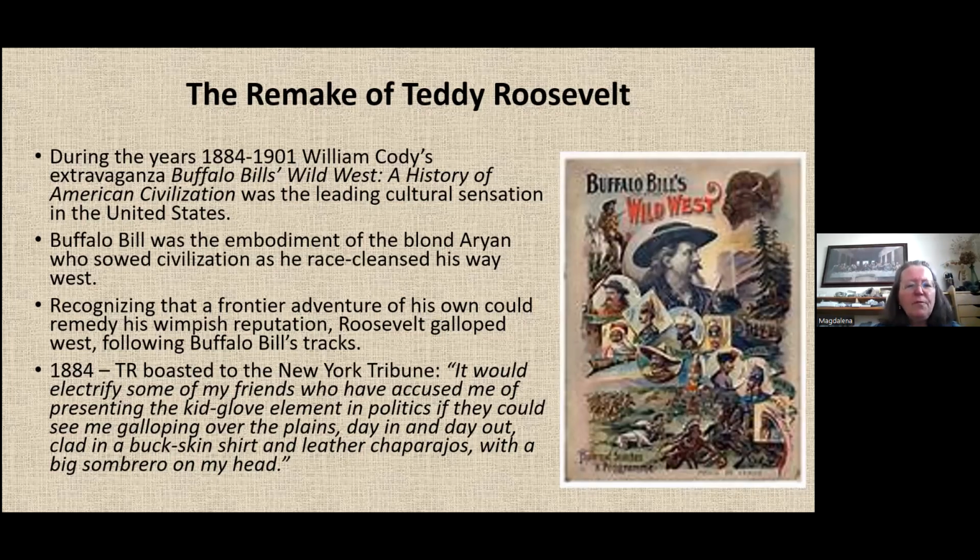In 1884, Teddy Roosevelt boasted to the New York Tribune, "It would electrify some of my friends who have accused me of representing the kid-gloved elements in politics if they could see me galloping over the plains, day in and day out, clad in a buckskin shirt and leather chaparajos, with a big sombrero on my head."